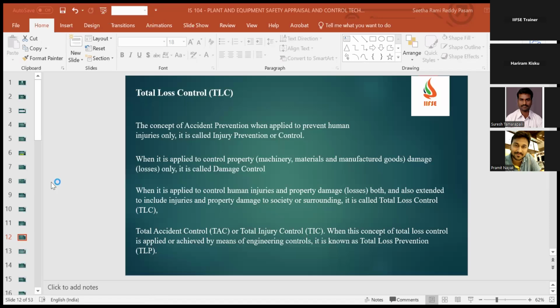If you are not able to eliminate, we look for substitution. I'll take a chemical as an example. You are using a very highly hazardous or dangerous chemical, which is very harmful to the humans handling it. But your customer requires the same quality of material.